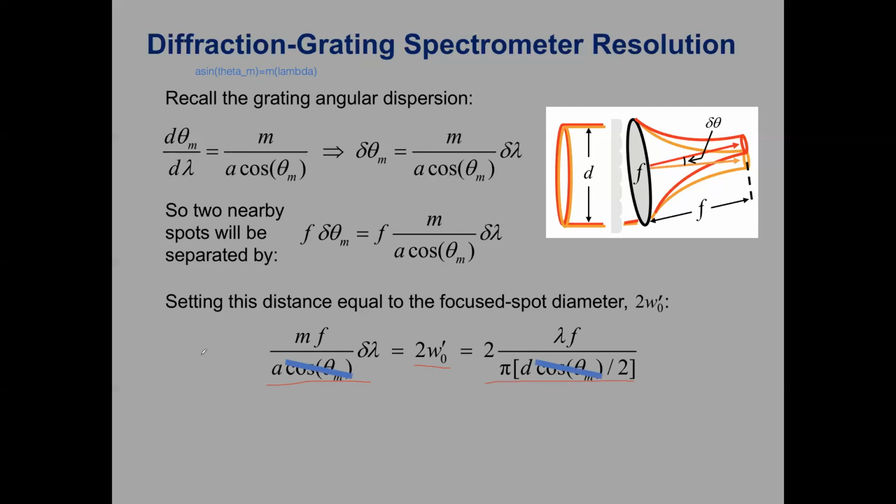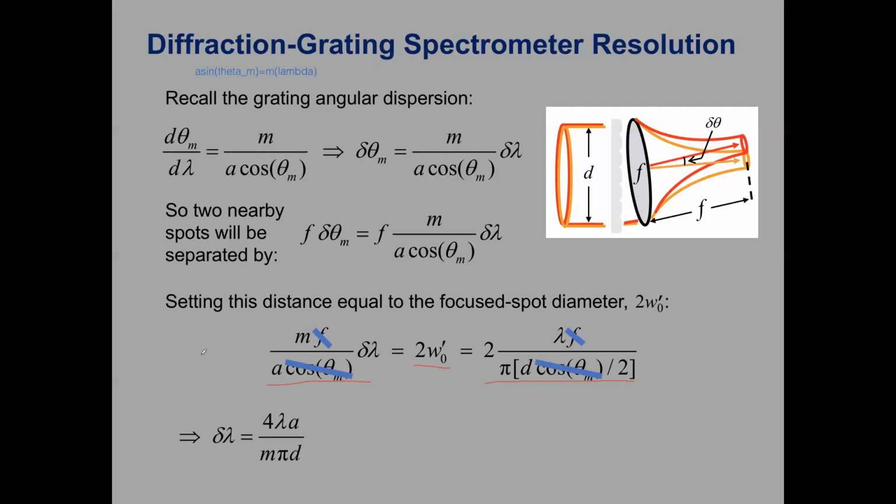We'll see that the cosine theta ends up canceling out, as does the focal length of the lens, so it doesn't matter. Our end result here for the smallest wavelength distance we're going to be able to measure, delta lambda, does not depend at all on which order of the diffraction grating you pick up on your detector. It does not depend at all on which lens you use to focus the light. It's a general result, which is pretty nice.